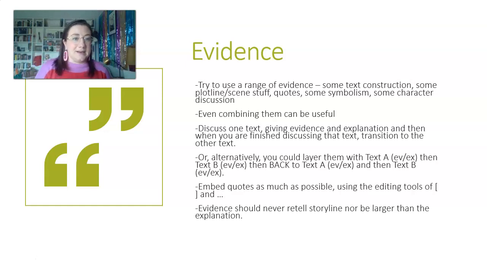You don't need to give me all that background because I have read it more times than you have. So just keep to the stuff that I need to know. Okay, and it shouldn't be larger than the explanation. Try and keep your evidence short and sharp, and do the talking in the explanation.